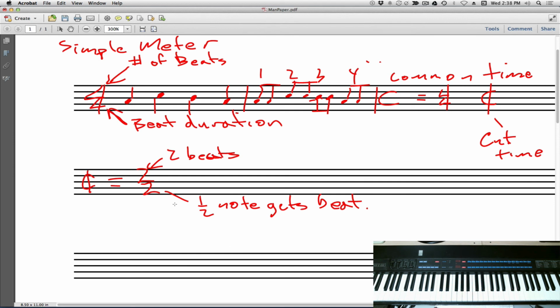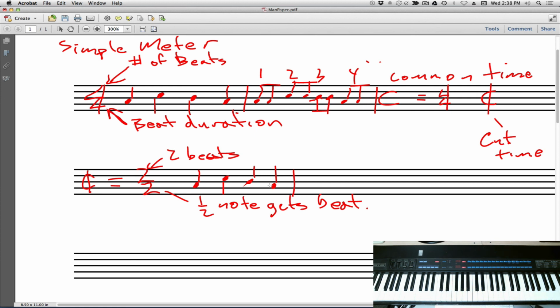Okay, so we could write that same rhythm because you've still got 4 quarter notes in the measure. Except the beat would be 1, right?